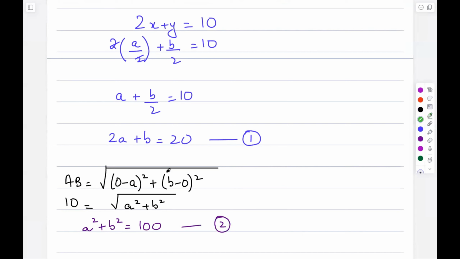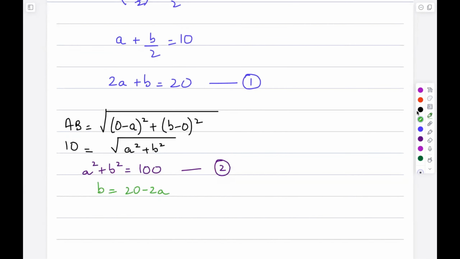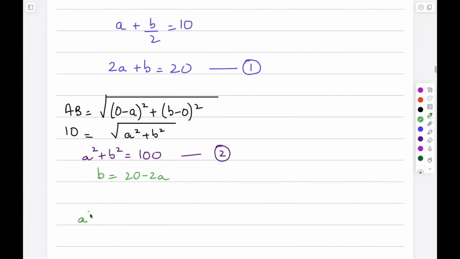Now, solving the two equations simultaneously, we can say from the first equation that b will be equal to 20 minus 2a. So substituting this in place of b in equation 2, we will get a squared plus (20 minus 2a) whole squared equals 100.